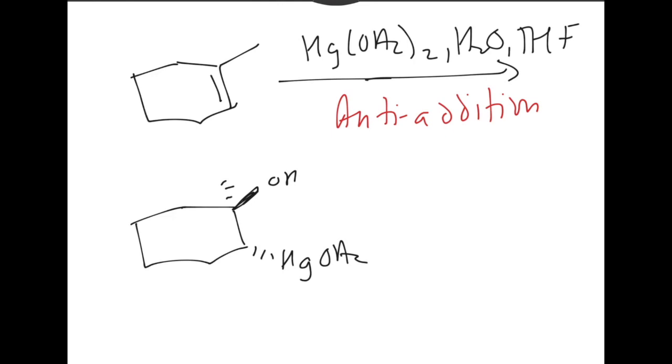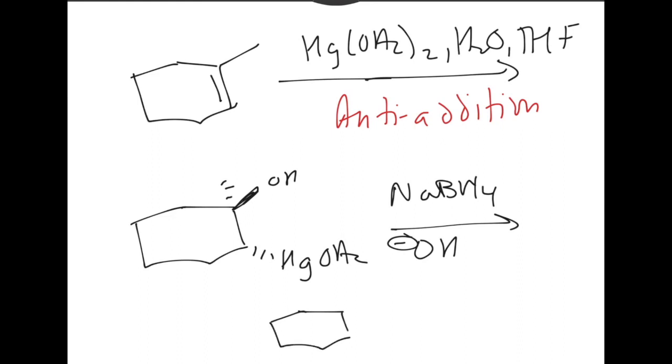We don't ever show the stereochemistry in the product because in step two, we get rid of the stereochemistry here, right? We replace that with a hydrogen, and so I no longer have two chiral centers.